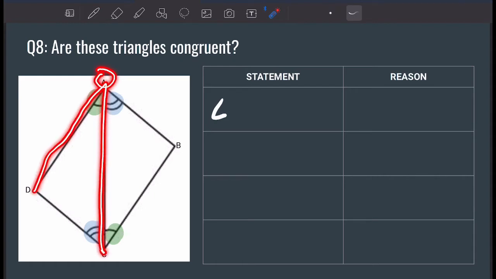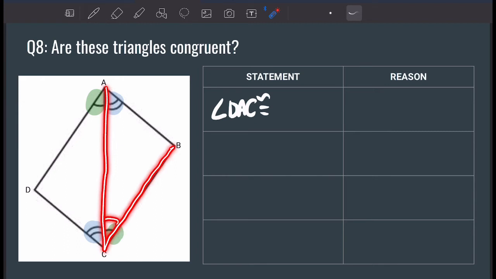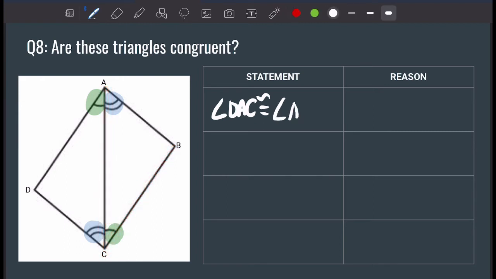A is the middle letter because that's where the angle is made, okay? DAC is congruent to angle ACB. Again, that's where the line meets. That's why C is in the middle. ACB. And the reason is it's given.